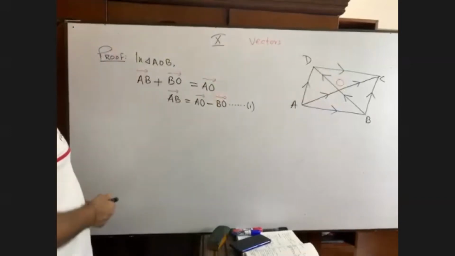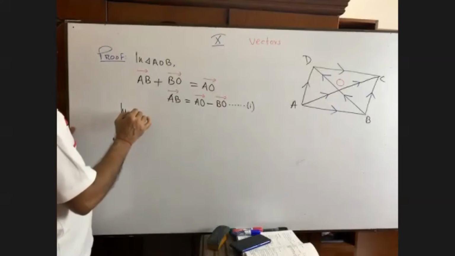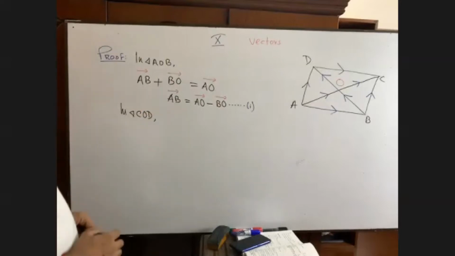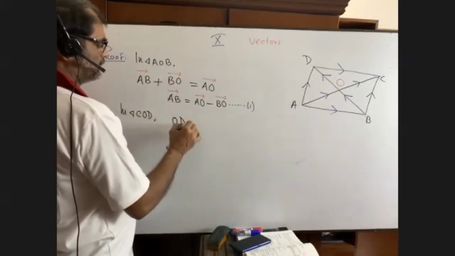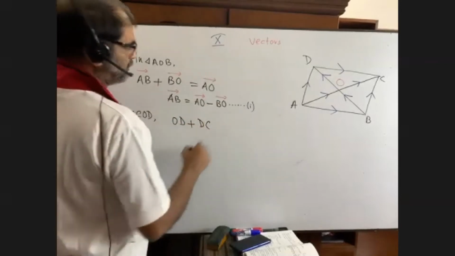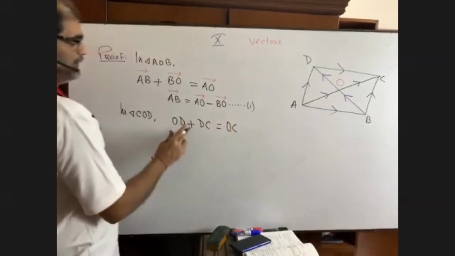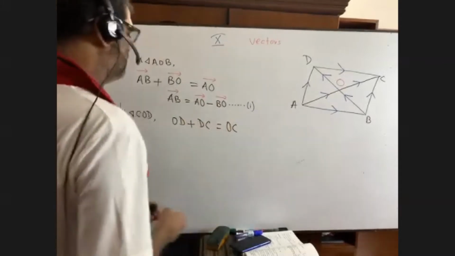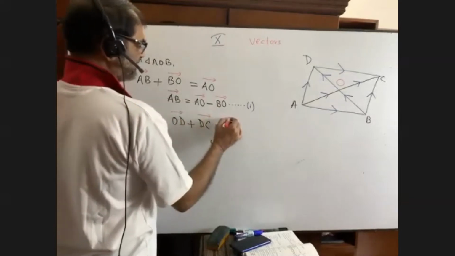What you get here? OD plus DC is equal to OC. You see, D will be omitted. Now, from here, we will find DC.